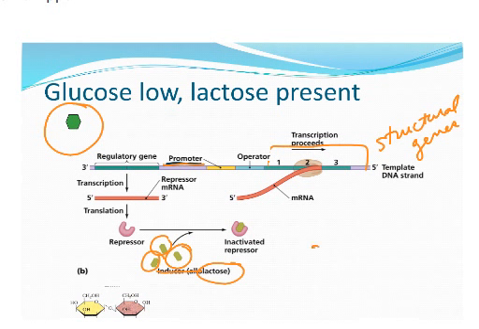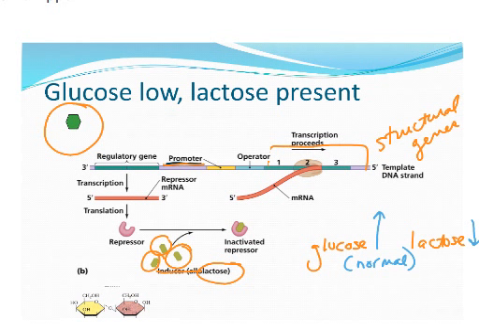It's important that you understand that glucose and lactose are inversely proportional. So in simplified terms, that means when glucose levels are high, lactose levels are low. This is the normal situation. This is when the repressor is constantly being made, binds itself to the operator, and stops the transcription of the structural genes.